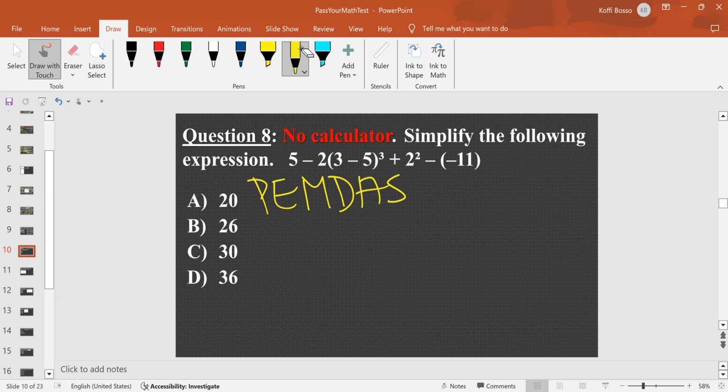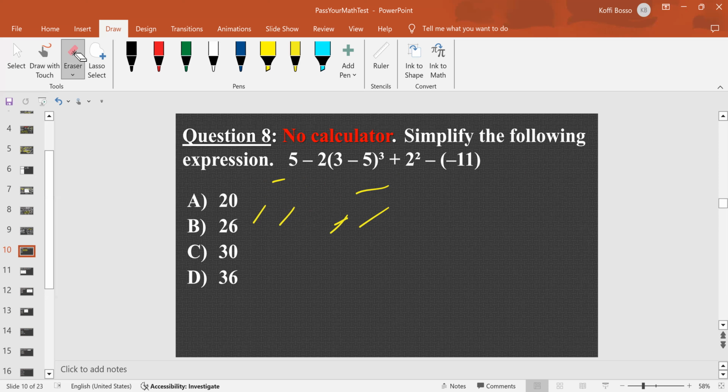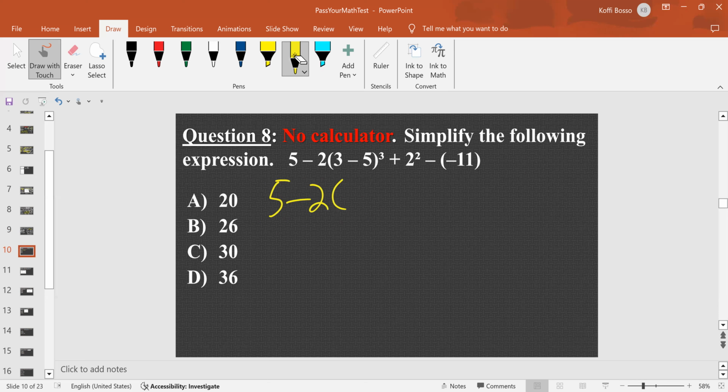So we're going to try to do parentheses P. After parentheses, we're going to do exponent. After that, multiplication, division. Okay, multiplication, division are on the same level, but we'll do it from left to right. Which one comes first? Same thing for addition and subtraction. Okay, so based on that, I will have a 5 minus 2 parentheses.